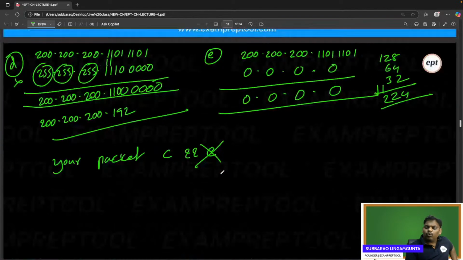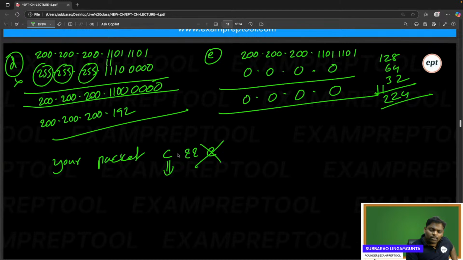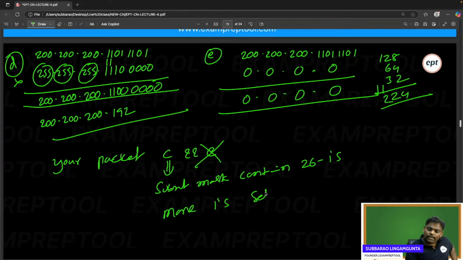So whenever more than one is matching, take the answer whose subnet mask contains more ones. The subnet mask contains 26 ones. Remember, more ones is selected as the answer.